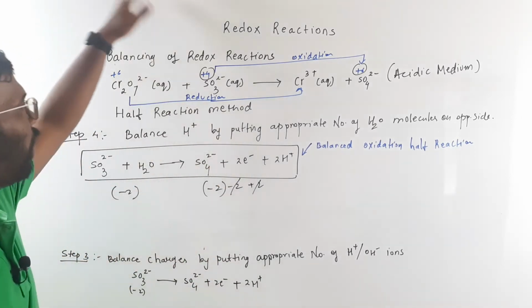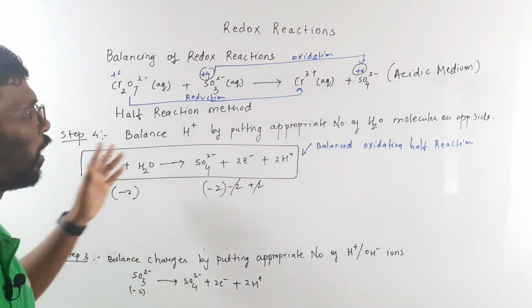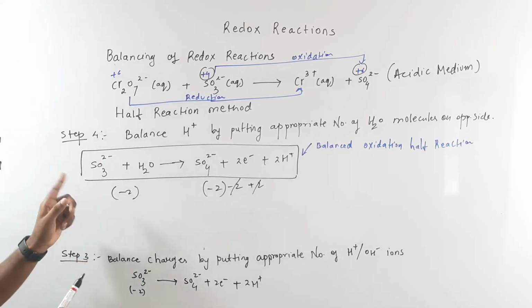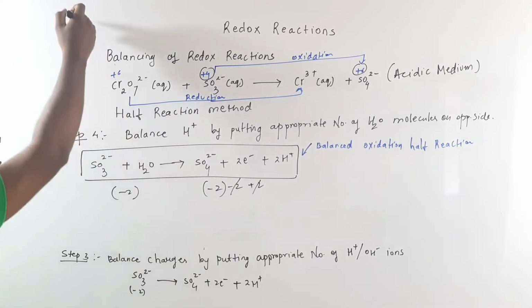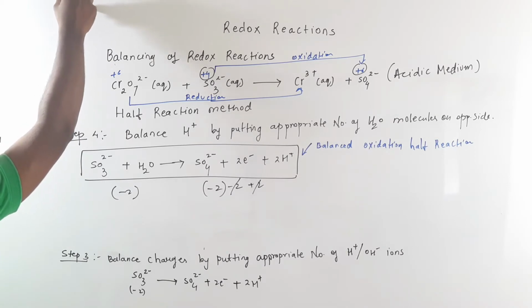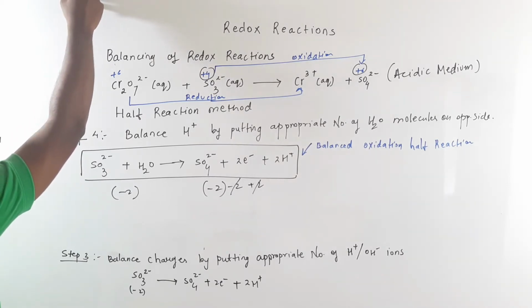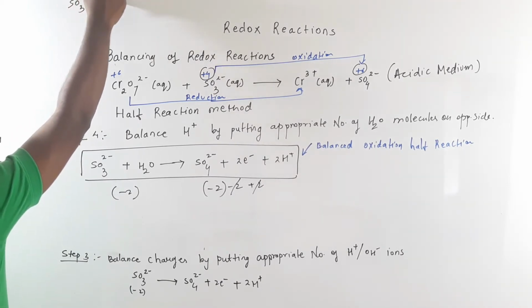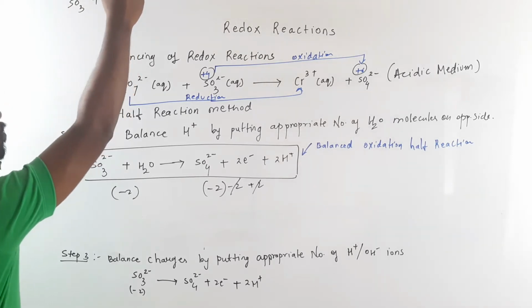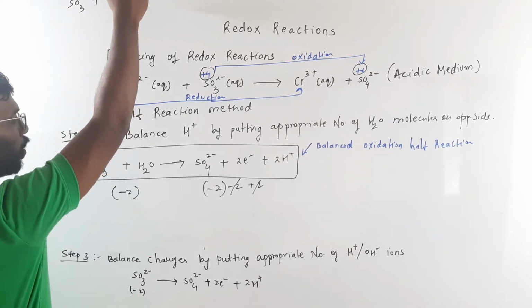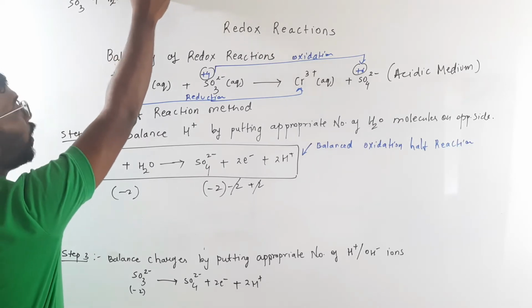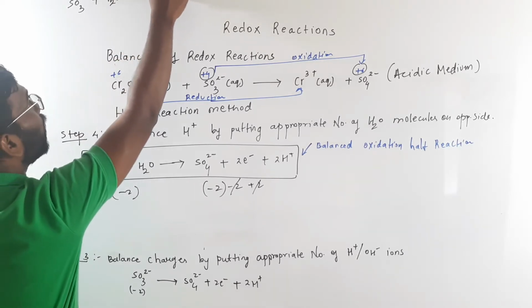So I'll write it somewhere on the remaining space which is not coming into the camera, so that later I can copy it. SO3 2 minus plus H2O changing to SO4 2 minus.